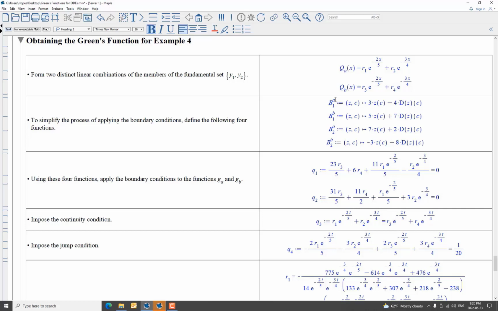One chunk that applies at A, one chunk that applies at B. Second boundary condition, 1 chunk that applies at A, 1 chunk that applies at B. You apply B1 at A to QA, plus you add on B1 at B applied to QB. And you do the same thing here for the second boundary condition. B2, you apply it to this, and you add on B2 applied to that.